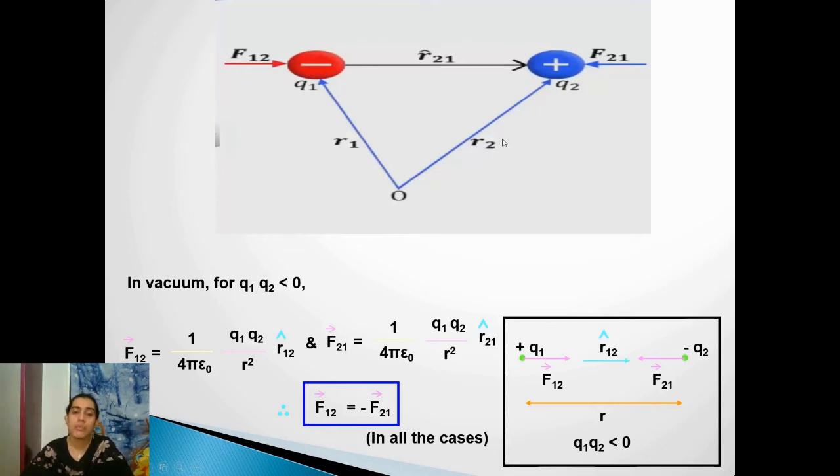In this case as well, if you substitute the value of this R21 cap and replace it with minus R12, since the directions of the forces are opposite, therefore F12 vector will be equal to minus F21 vector. In this case also, you can see Newton's third law of motion holds good.